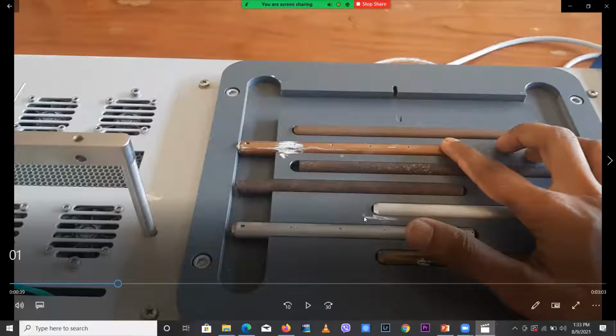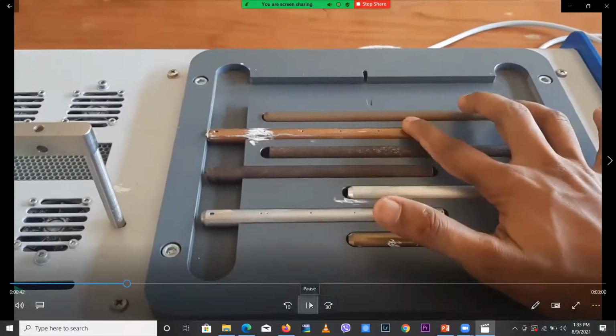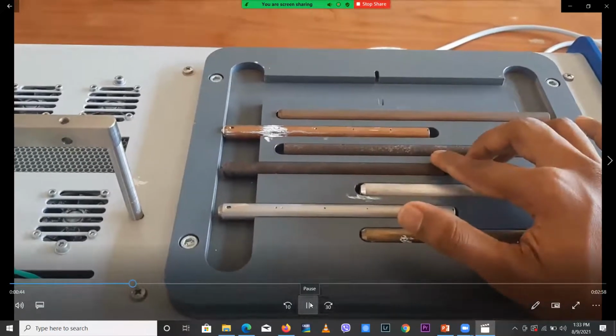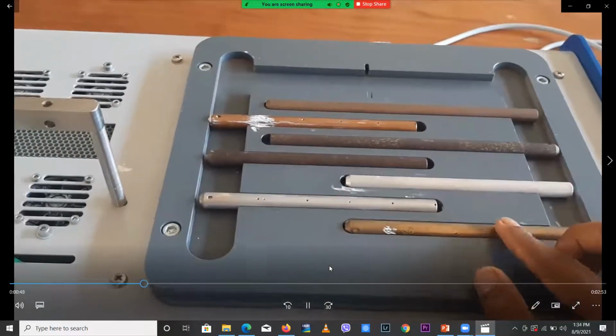These two are copper, these two steel, this is aluminum, this is brass.